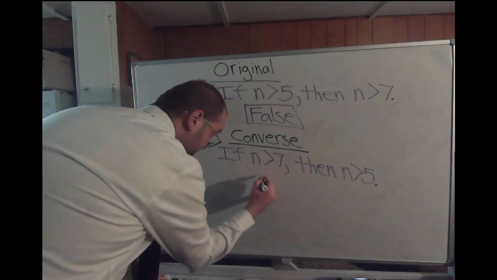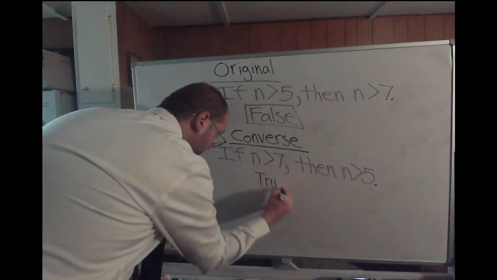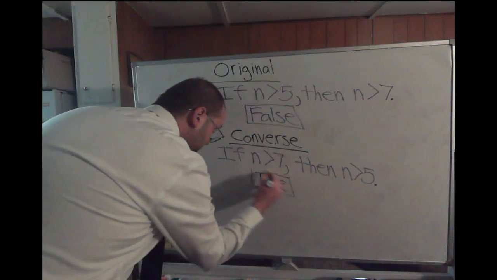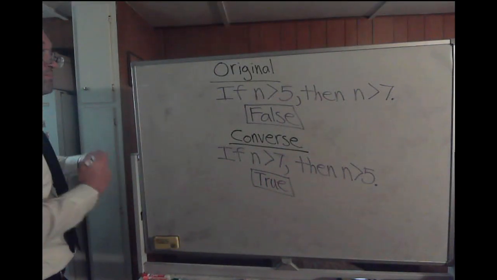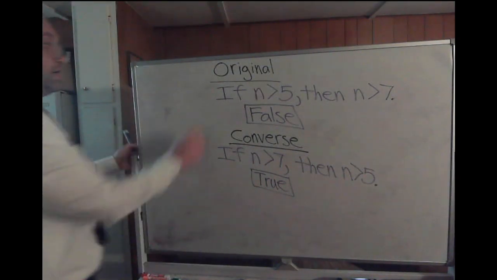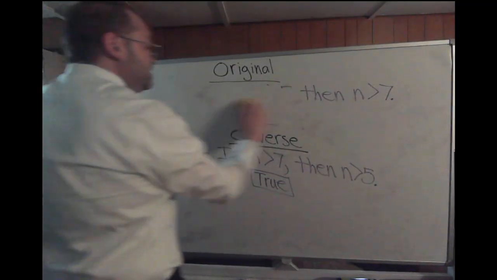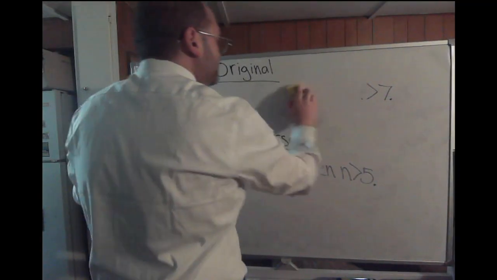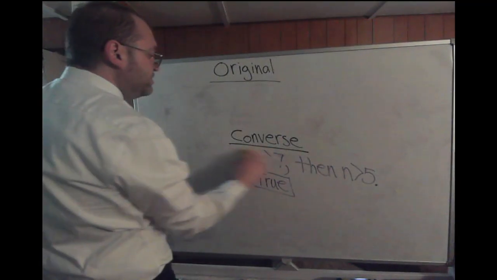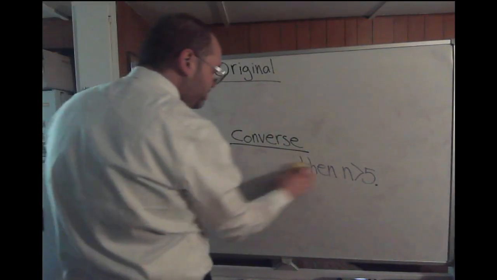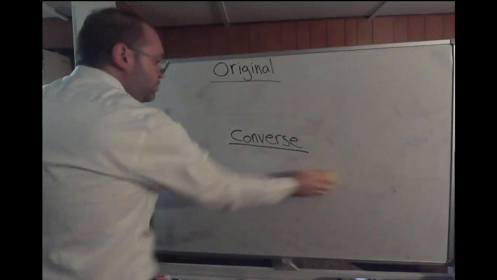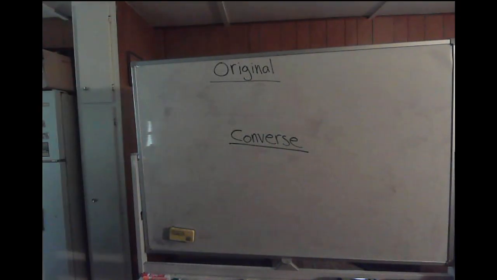Every number greater than 7 is certainly greater than 5, so the converse of this statement is actually true. So again, you don't have to do too much analyzing, but you've got to read what it says. They will try to trick you sometimes. So just got to read what it's saying here.